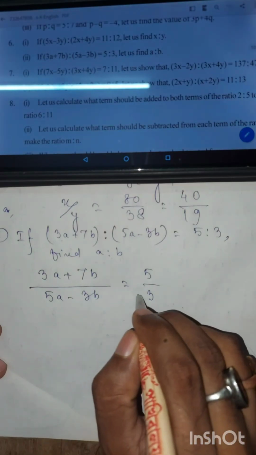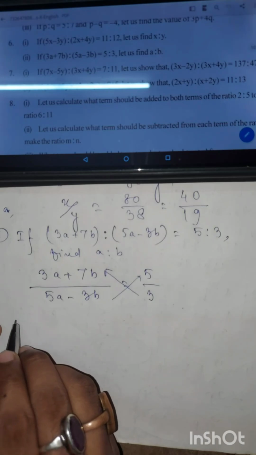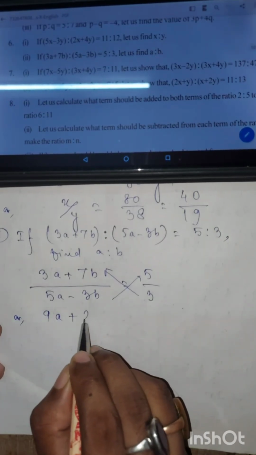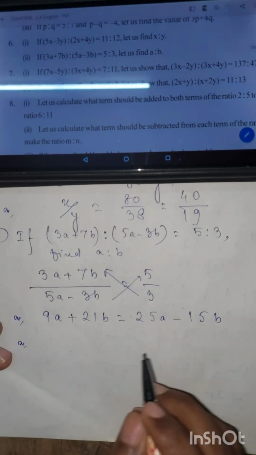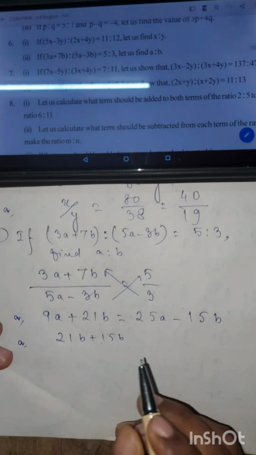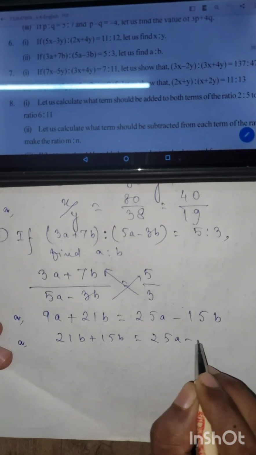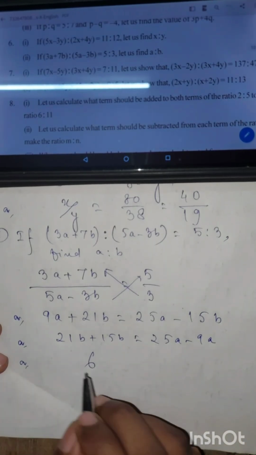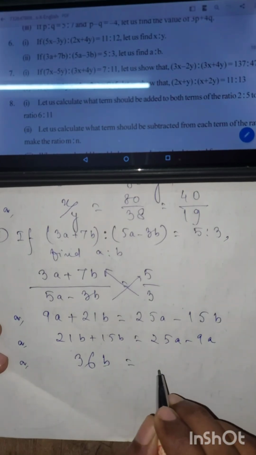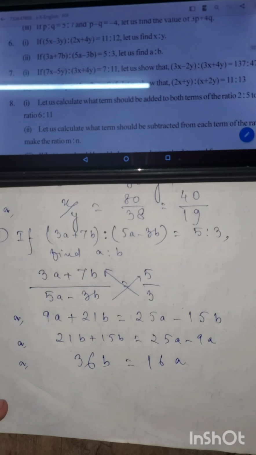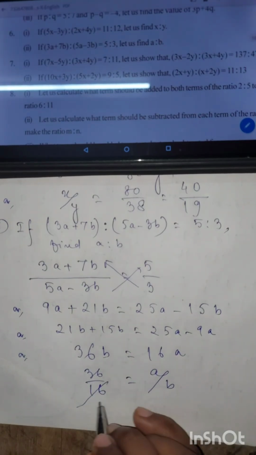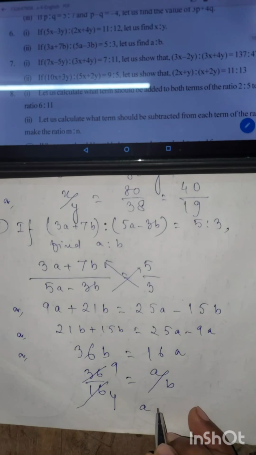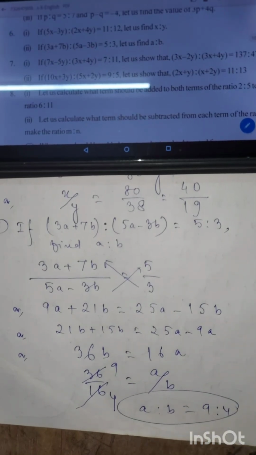On cross multiplying, we get, so A is to B is 9 is to 4. This is our answer.